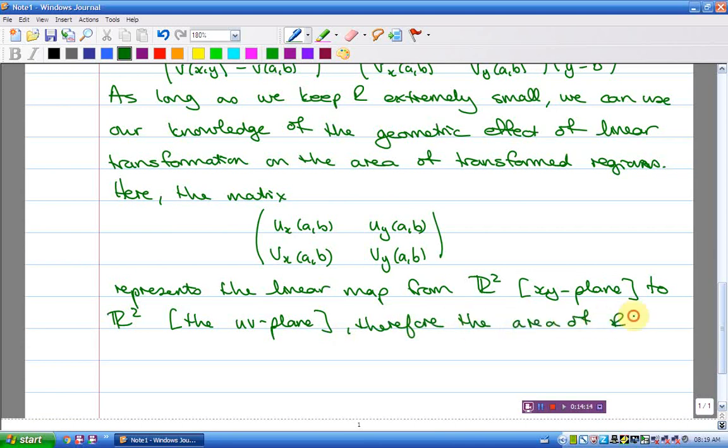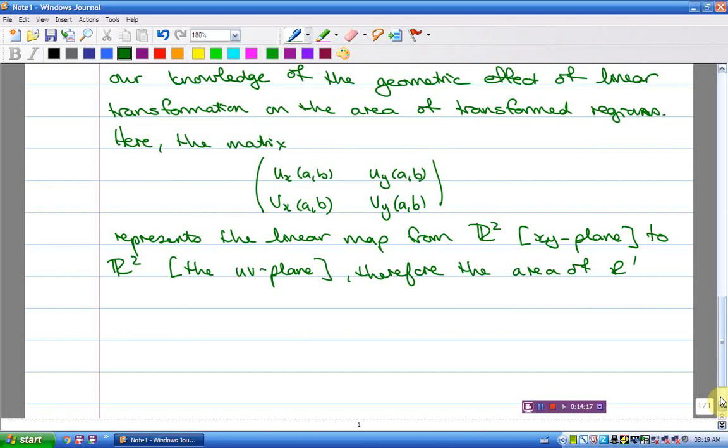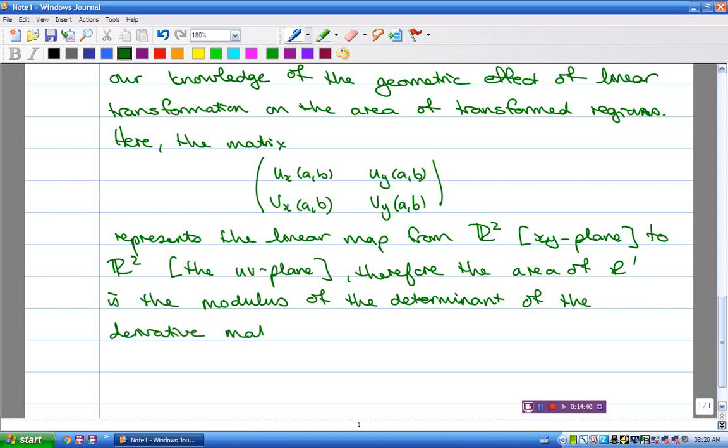of R dash, I need to shorten my notes, it's too much writing. R dash is the modulus. We're mathematicians, we don't like writing words, we don't like writing symbols, the modulus of the determinant of the derivative matrix. What a long sentence.